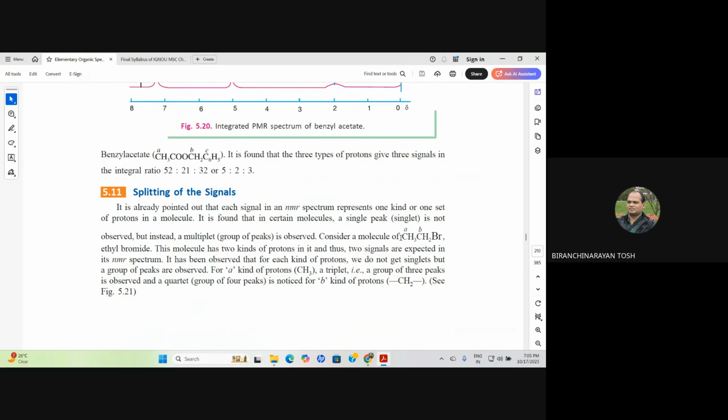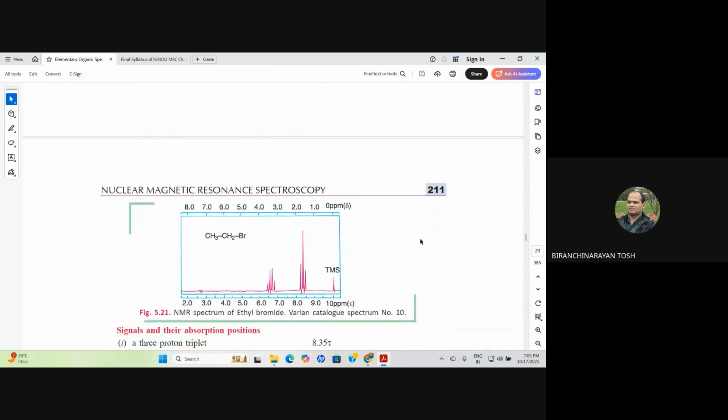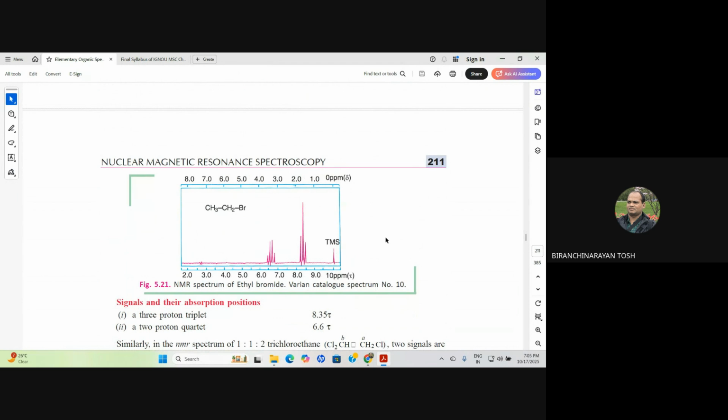So you can see here, we are getting a triplet. This is for the methyl group, and here a quartet, four peaks, for the methylene group.